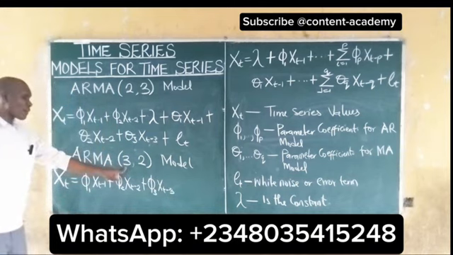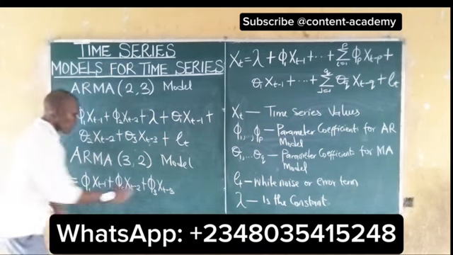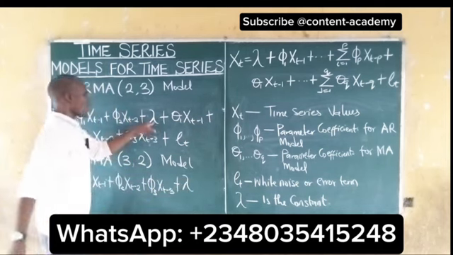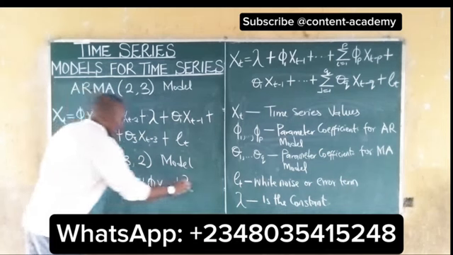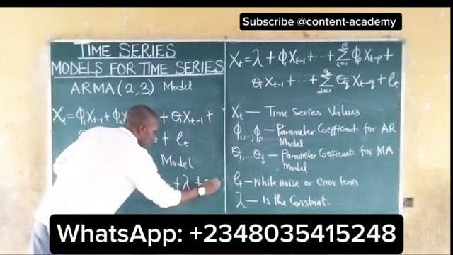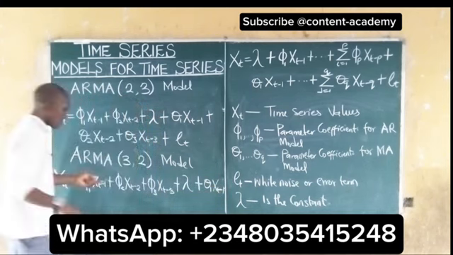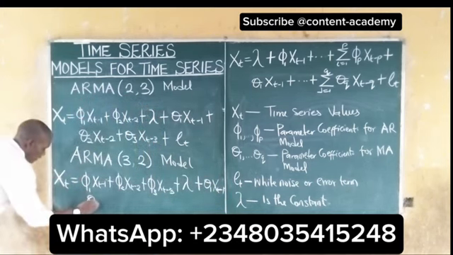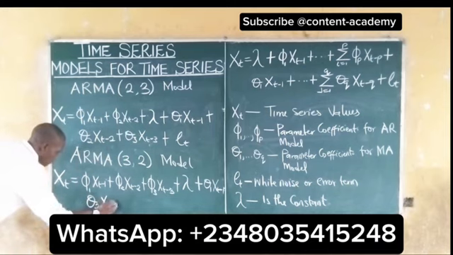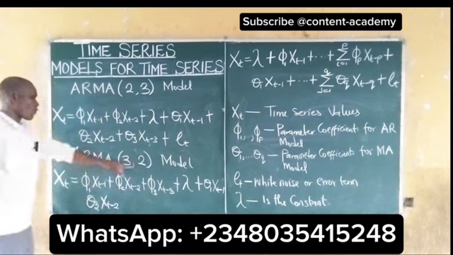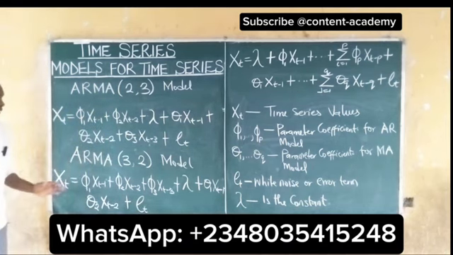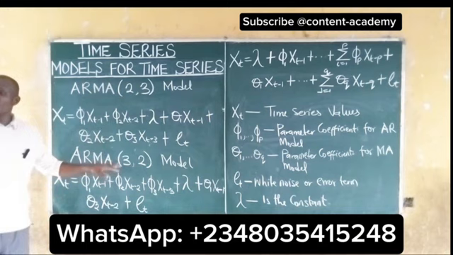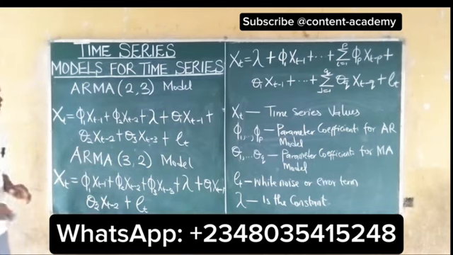This is because we have order 3, that is why we stop at 3, plus our constant term. Then we continue with the moving average part. The moving average will now be theta_1 e_{t-1} plus theta_2 e_{t-2}, because we have order 2, then plus our error term. So this is how the autoregressive moving average model can be computed in time series analysis.